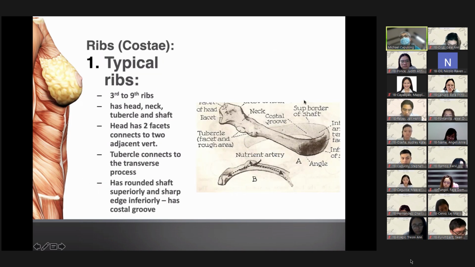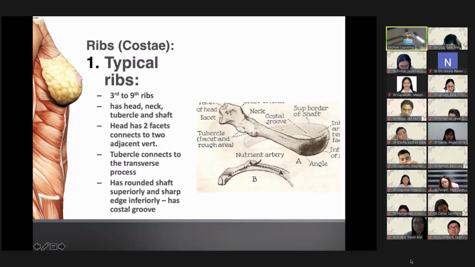Insofar as the anatomical makeup of the ribs is concerned, we also have typical and atypical ribs. Your typical ribs are ribs 3 to 9. When we say typical ribs, most, if not all, of the anatomical landmarks or structures that you see in one rib will be present in the rest of your ribs.